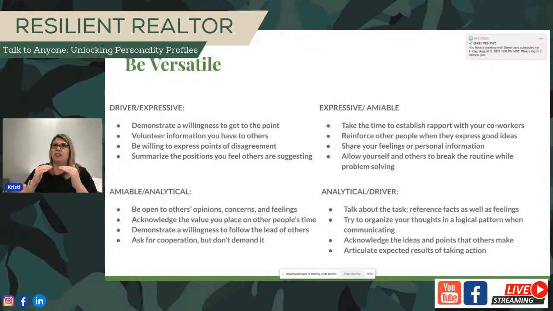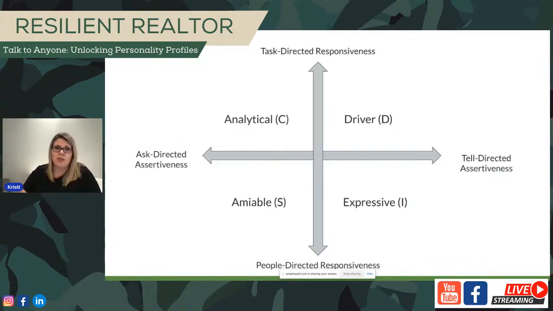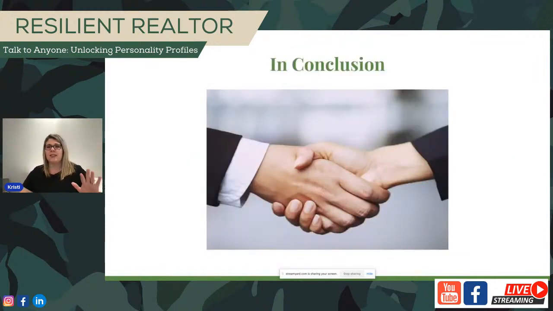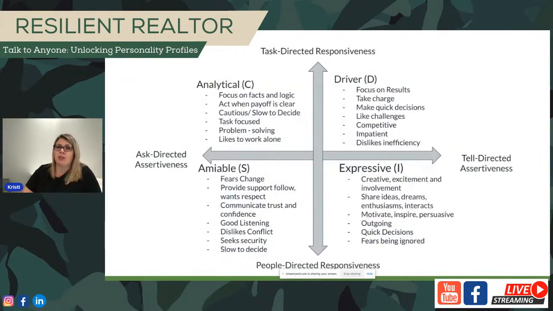So it takes much longer to get things done and the cost goes up. So focus on getting to trust. How you get to trust is by being versatile. So remember, there are the 4 personality profiles, and your job is to just be aware of what other people are. And should I adjust? The answer is yes, you should adjust so that you can make it more comfortable for them.